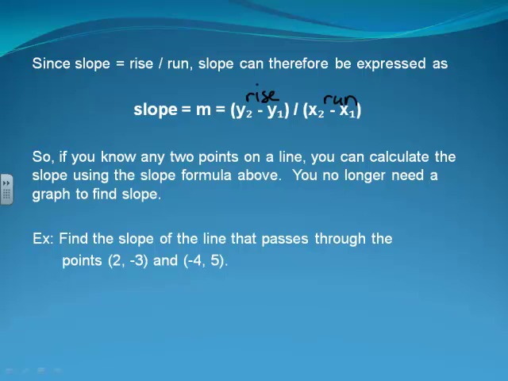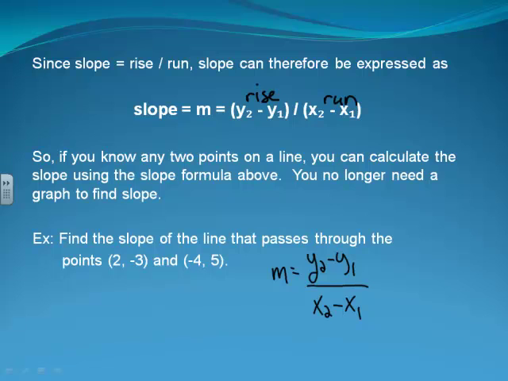The answer is yes, you could, but that's just that much more work because you'd have to have graph paper, you'd have to plot the points, you'd have to have a straight edge to draw the line because it has to be accurate to count the slope. If you know the slope formula, though, and you have 2 points on the line, you don't need a graph. All you need to know is that slope is equal to y2 minus y1 divided by x2 minus x1.